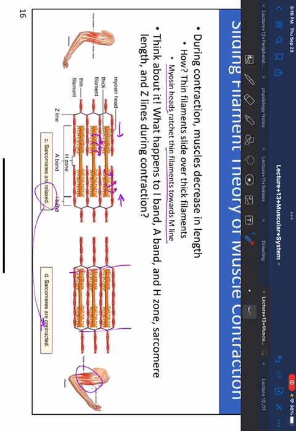So, to recap, the length of the I band decreases. The A band stays the same length. The H zone will decrease in length, as well as the sarcomere. And the Z lines will come closer together.